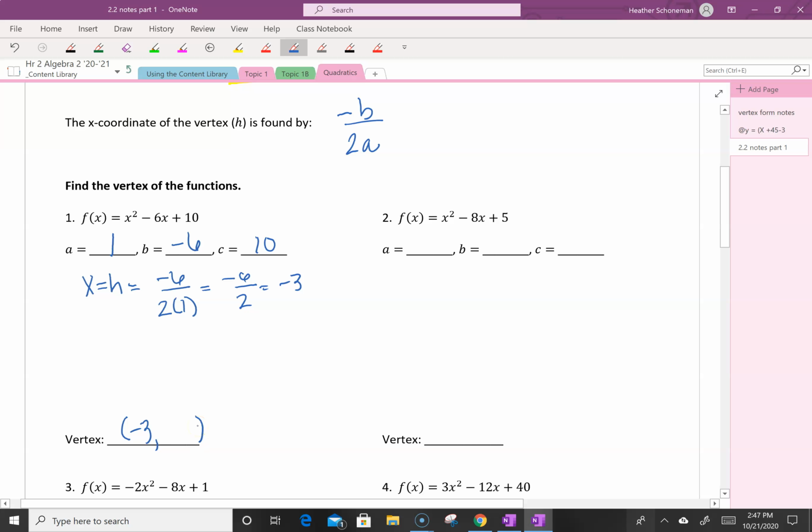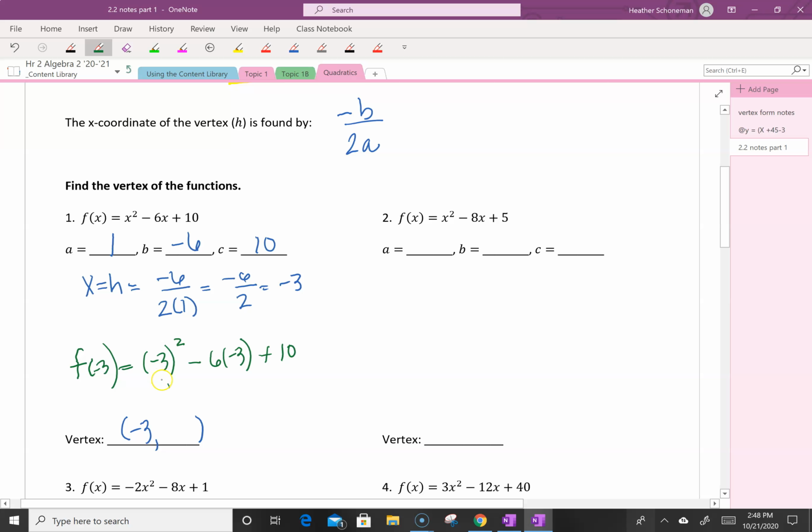Now that I know my x-coordinate, I need to plug it back into my equation to find my y. So I'm going to find f of x, but it's not really f of x, it's f of negative 3. So negative 3 squared minus 6 times negative 3 plus 10.